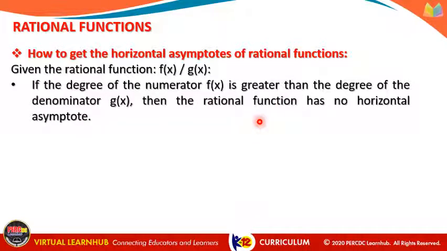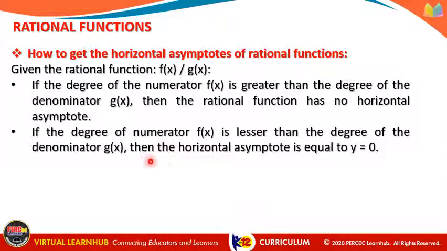Okay? Next. If the degree of the numerator is lesser than the degree of the denominator, then the horizontal asymptote is equal to y equals 0. Kapag daw yung degree ng numerator mo ay mas mababa kaysa sa degree ng denominator, automatic ang horizontal asymptote natin ay y equals 0.